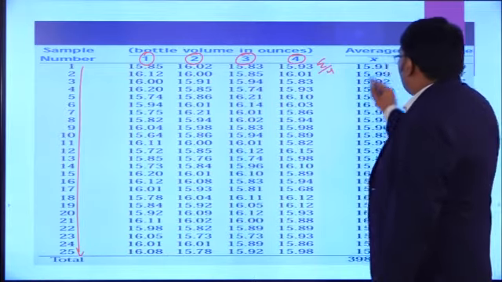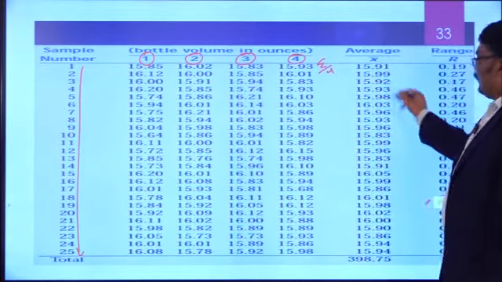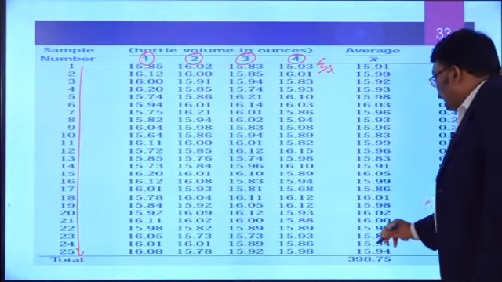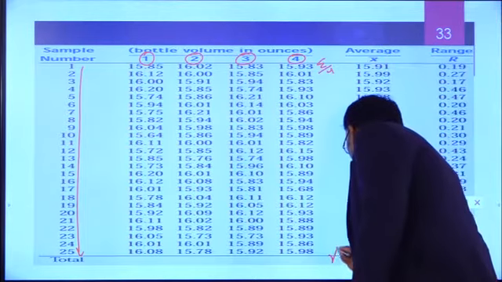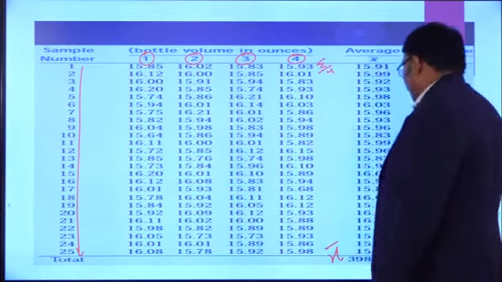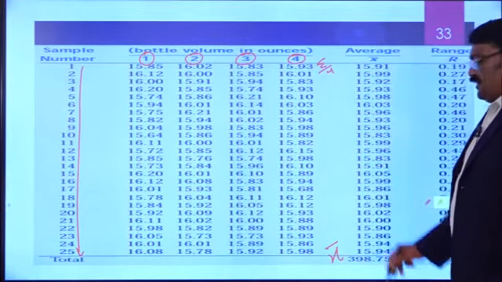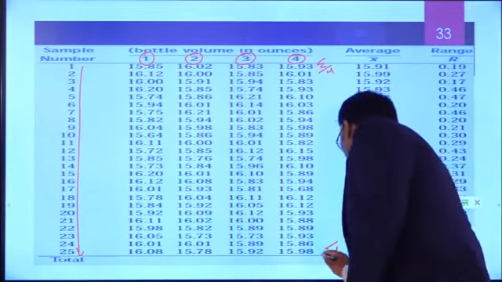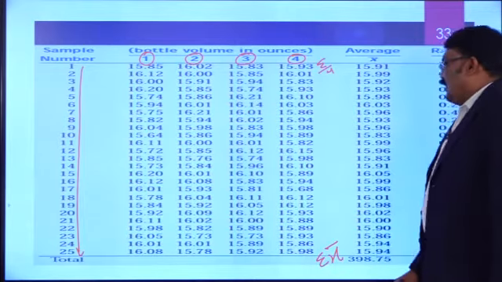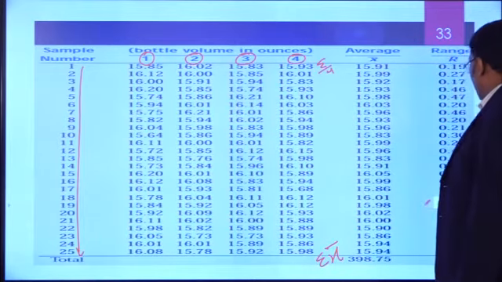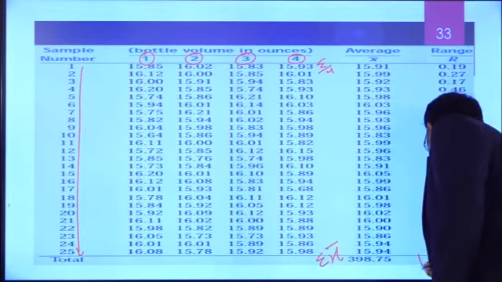So, find out for all this, you will get the values, and the overall summation, this is the total summation of x bar. Similarly, R value is being given, this is summation of R value.